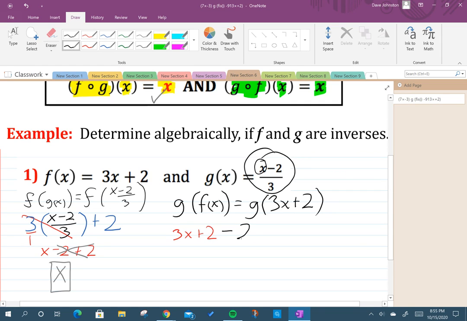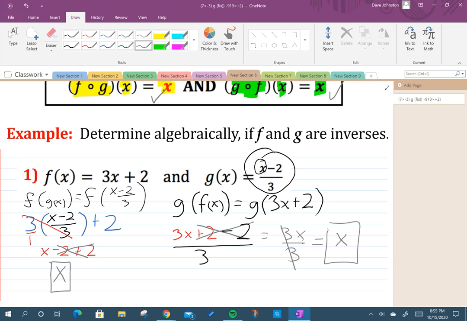That leaves me with minus 2 over 3. Plus 2 minus 2 gets me 0, and that leaves 3x over 3. I can cancel my 3's, and I'm looking at x. Once again, I've just proved the second required thing, and we're done. I can now confirm that these two functions are inverses of each other.